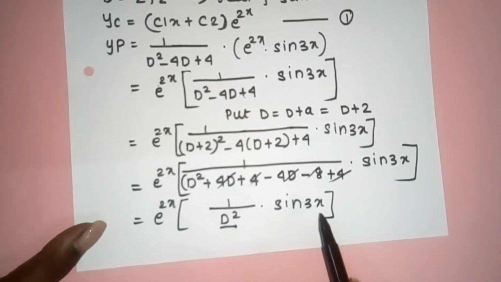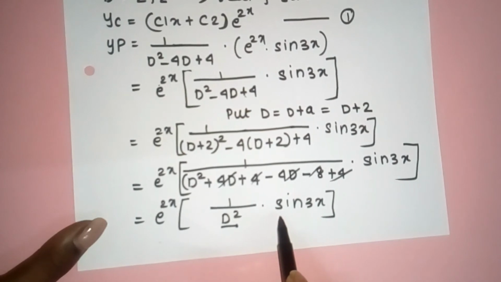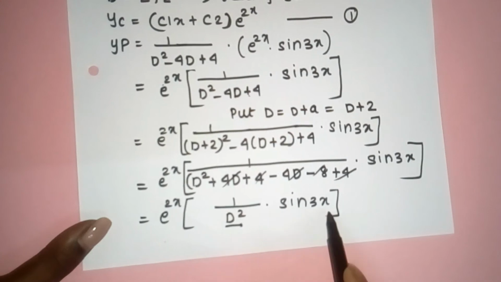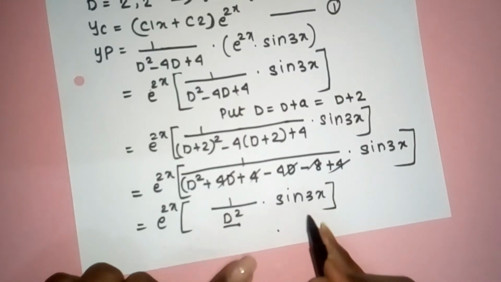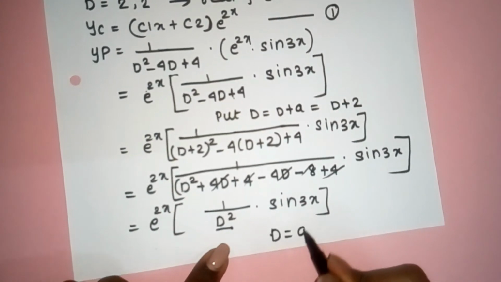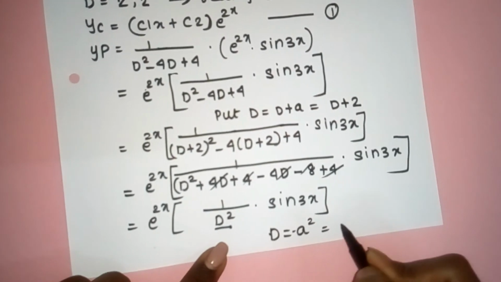Now what we have to do is, you must be remembering case 5 and case 6. Over there when we have sin 3x, what did we used to put? We used to put d square is equal to minus of a square, that is minus 9.